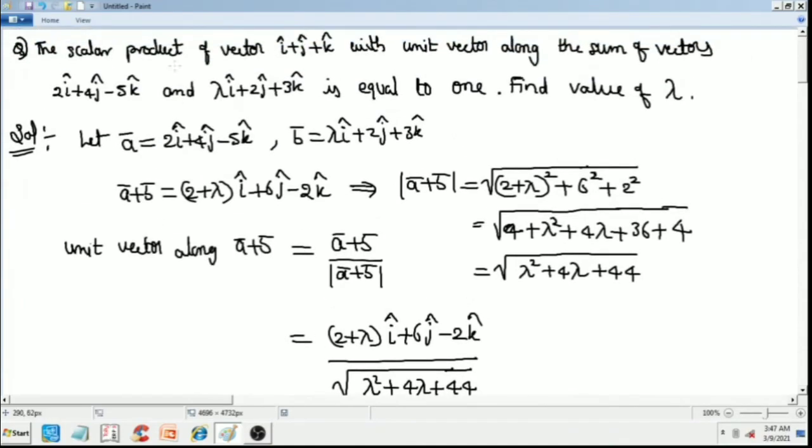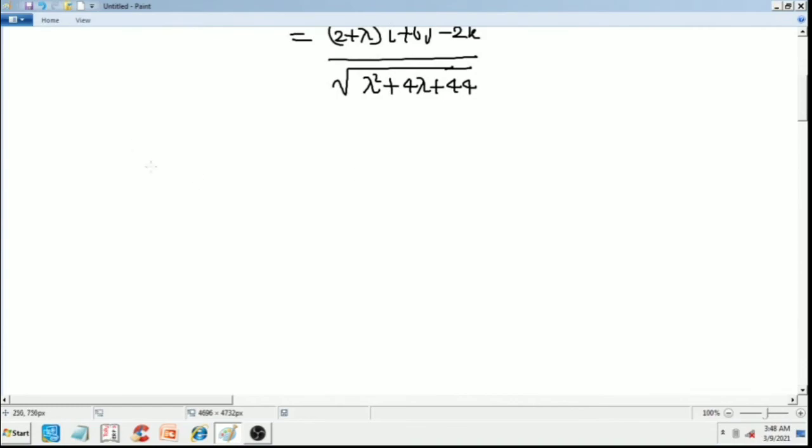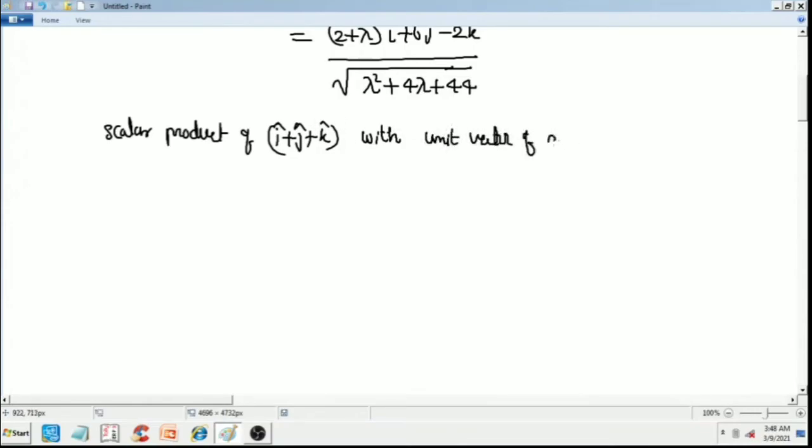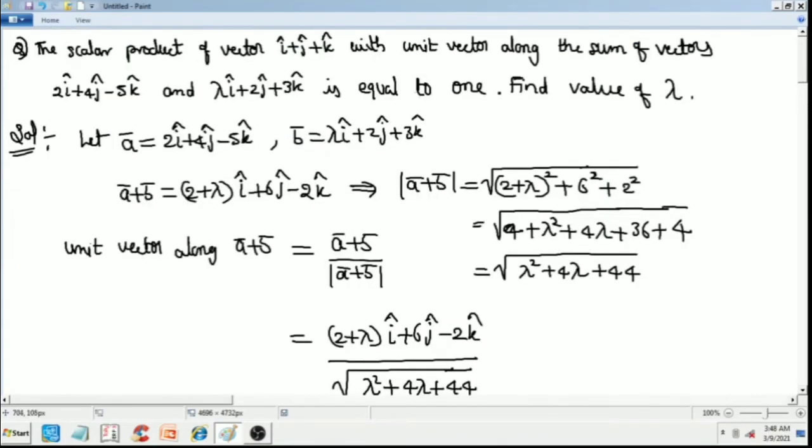Now what is given in the question? Scalar product of the vector i bar plus j bar plus k bar with the unit vector of a bar plus b bar is equal to 1.